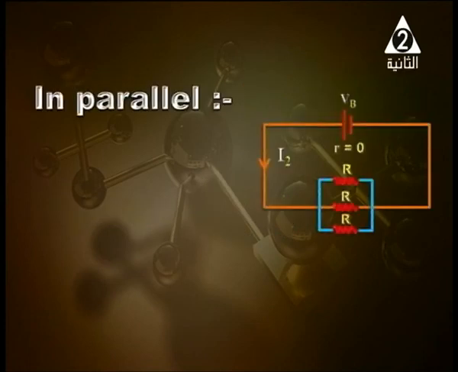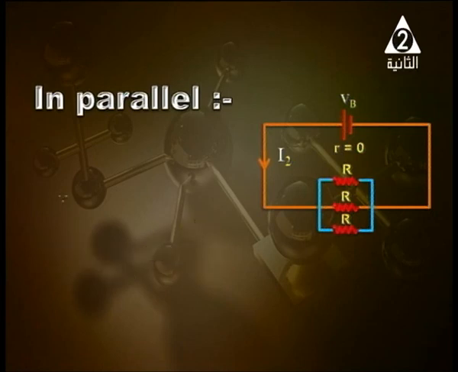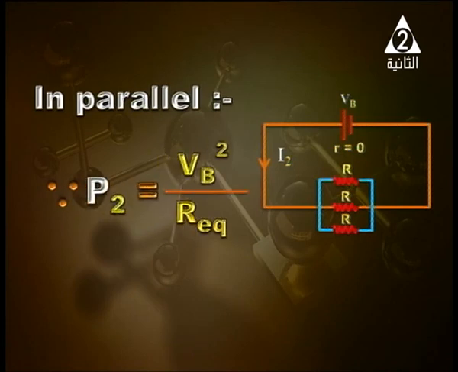In parallel, R equivalent equals one of them over the number, so R over 3. The power is given by VB squared over R equivalent.